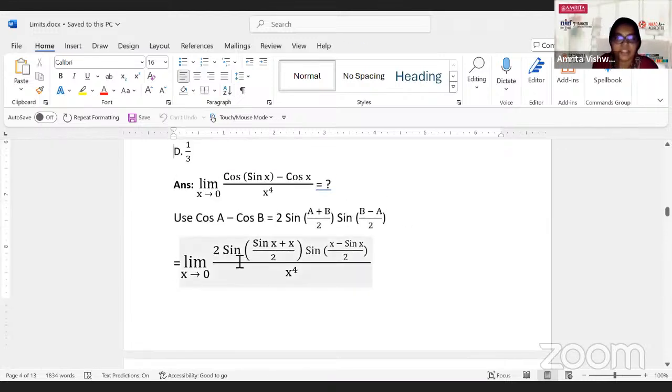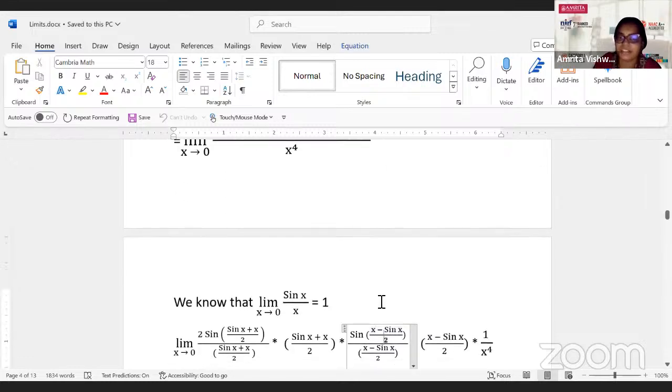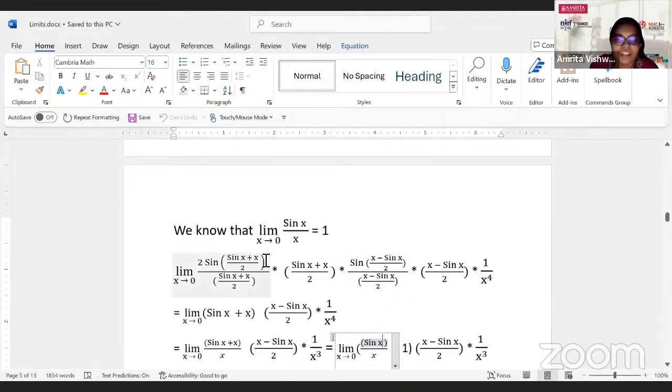It's sine of something by x raised to 4. So if I have something like limit x tends to 0, sin x by x, I'll be able to replace it with 1.